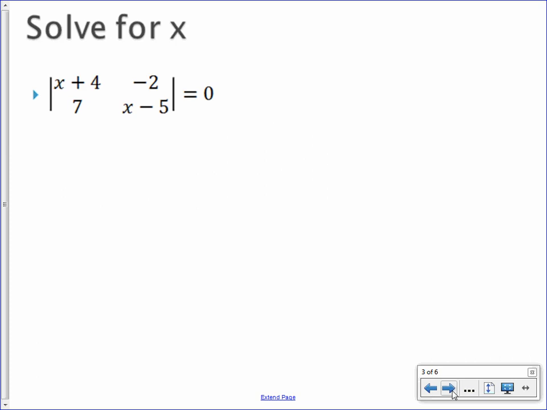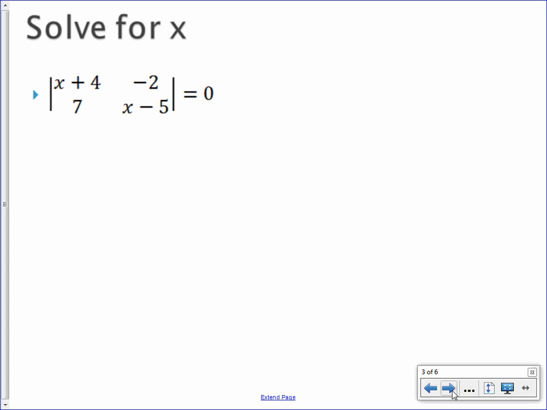Let's work on this problem first. Write it down. First of all, I want you to notice that you do not see brackets.